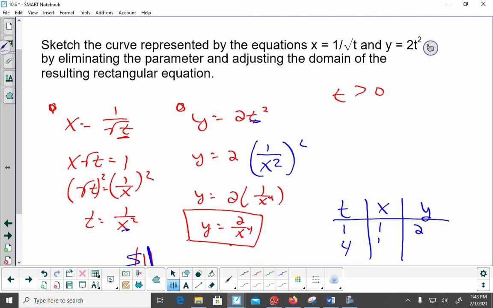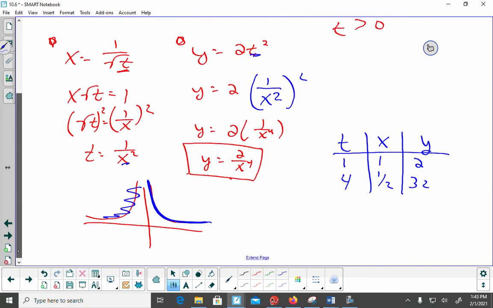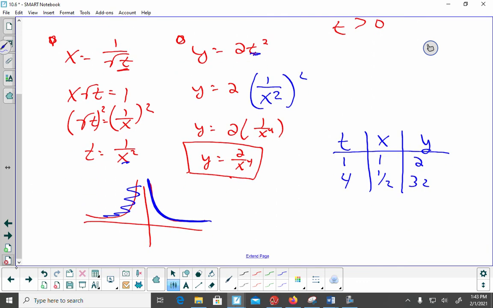So that would be 1/2, and then if I put in 4, that would be 16, 32. So the first pair I would draw would be 1, 2, and then I would draw 1/2, 32. So the direction is going to be towards the left. And that's how I would find the direction. I would probably just go ahead and graph that part on the calculator though.